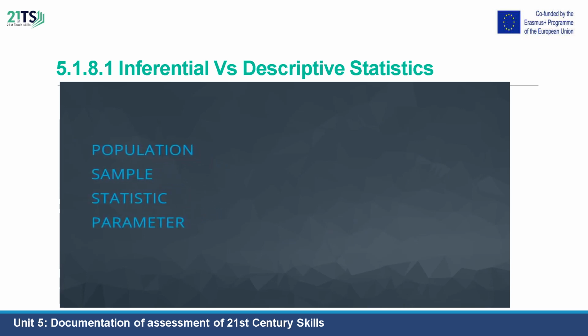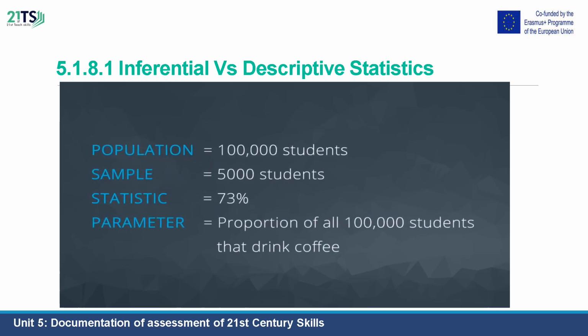The general language associated with this scenario is as shown here. We have a population, which is our entire group of interest. In our case, the 100,000 students. We collect a subset from this population, which we call a sample. In our case, the 5,000 students. Any numeric summary calculated from the sample is called a statistic.